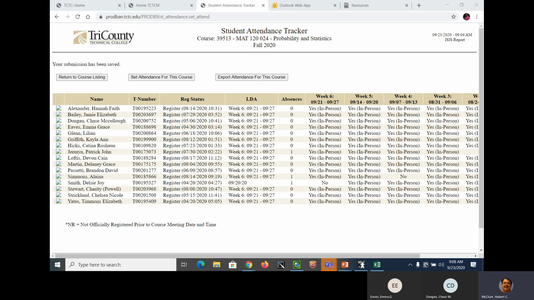I have at least one student, one or two students in every class that does this, okay? So are you saying that 79 other students or 70 other students can read my mind? No. I've got 10 or 12 students that don't follow directions or don't listen.